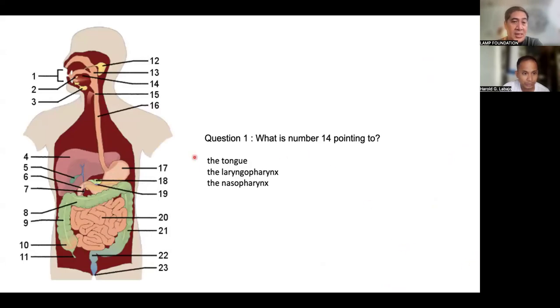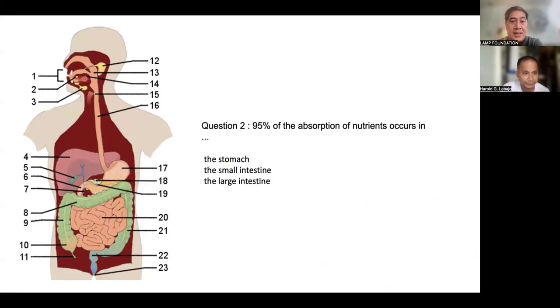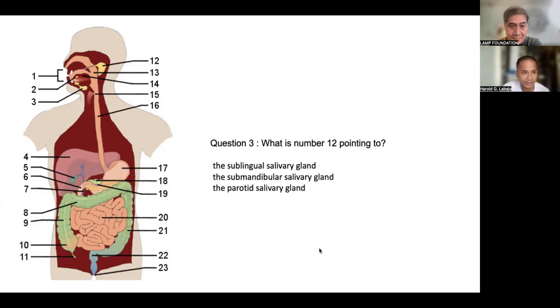What is number 14? Number 14, the tongue. 95% of absorption of nutrients occurs where? 95% in the small intestine. What is number 12? Number 12, the sublingual salivary gland.